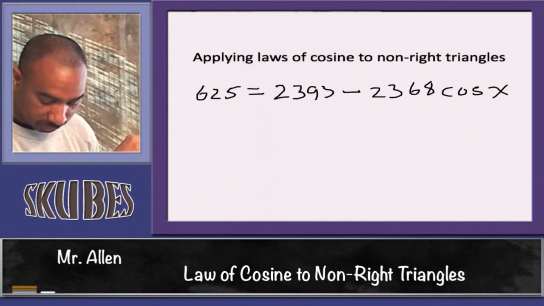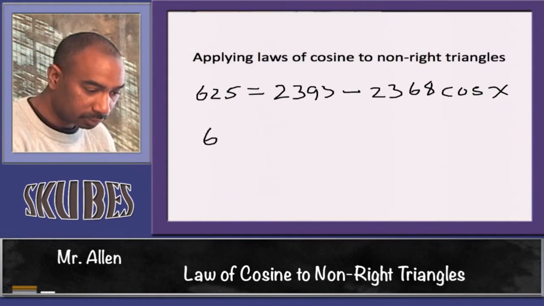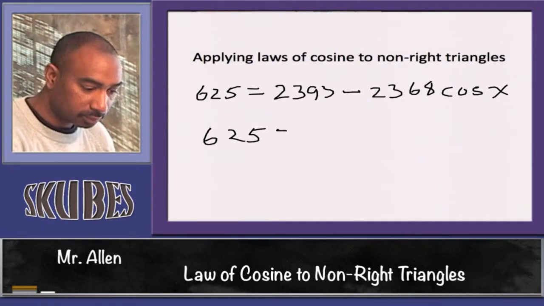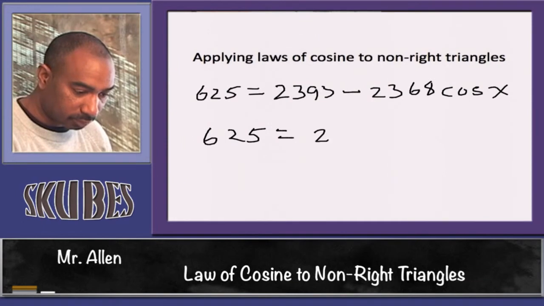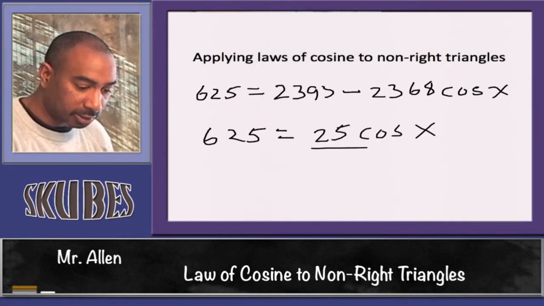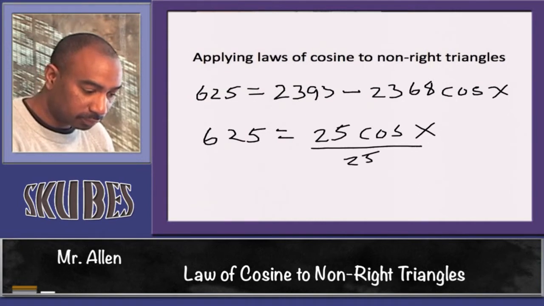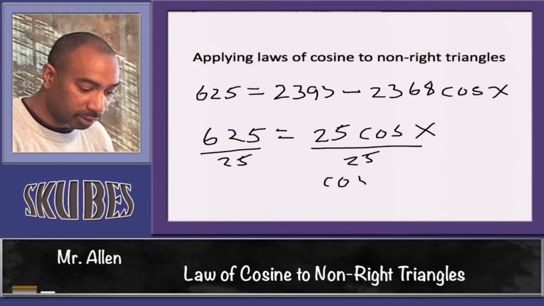So you're going to wind up with 25 cosine x. You divide both sides by 25. So you get cosine of x equals 25.